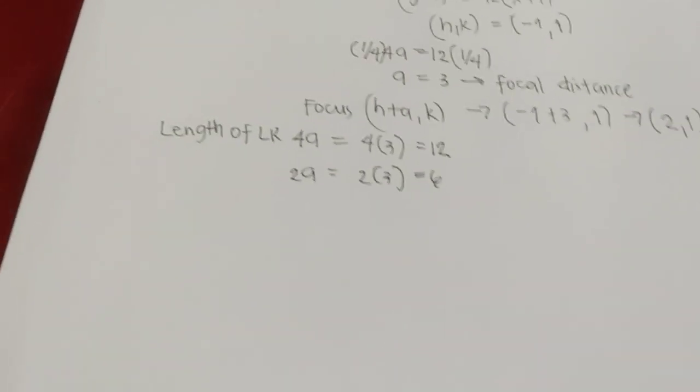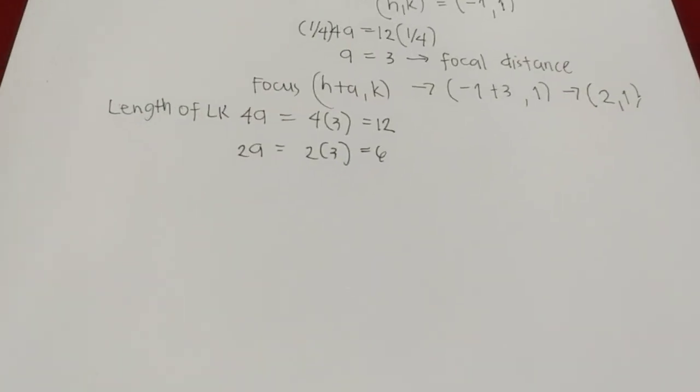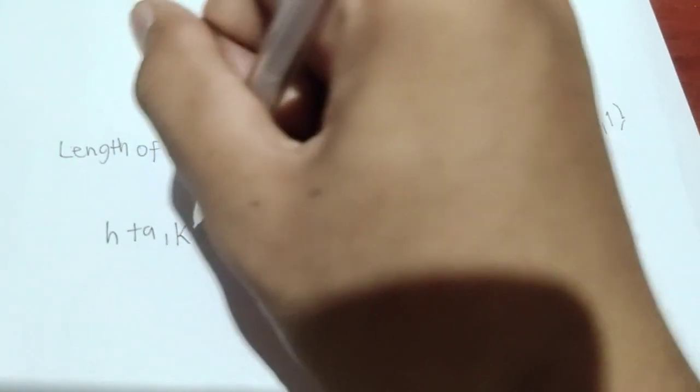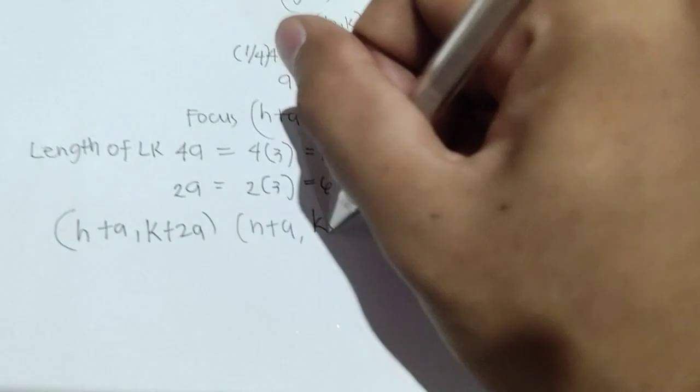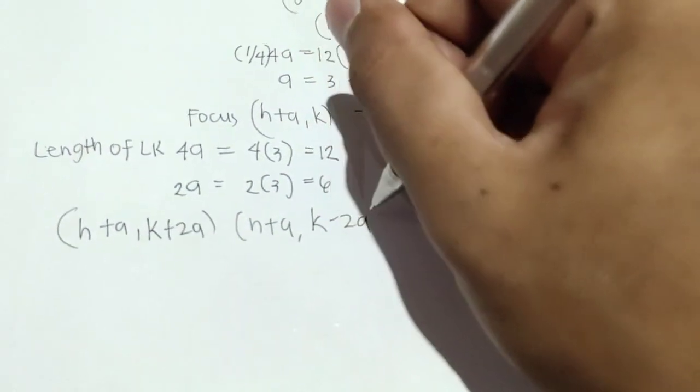The endpoints of the latus rectum of the parabola that opens to the right are (h plus a, k plus 2a) and (h plus a, k minus 2a).